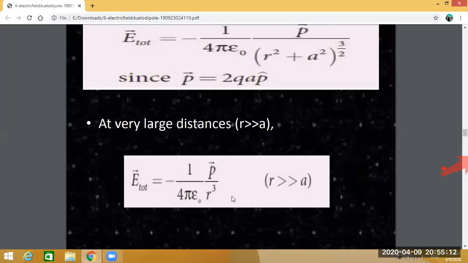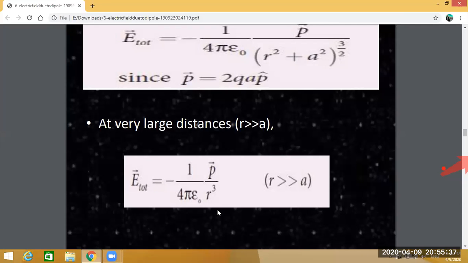In the case of an electric dipole on the axial line, the electric field at any point is 2kp upon r cube, and here it is kp upon r cube. So there it was 2p upon 4 pi epsilon naught r cube, and here it is p upon 4 pi epsilon naught r cube.